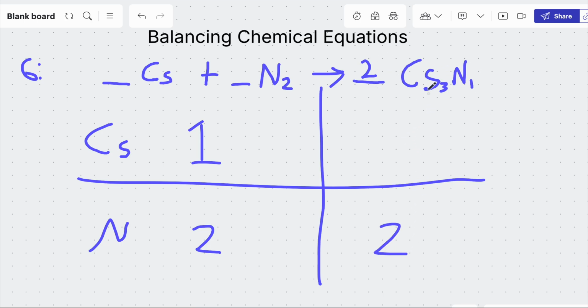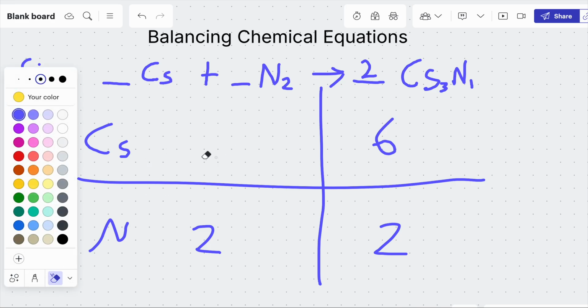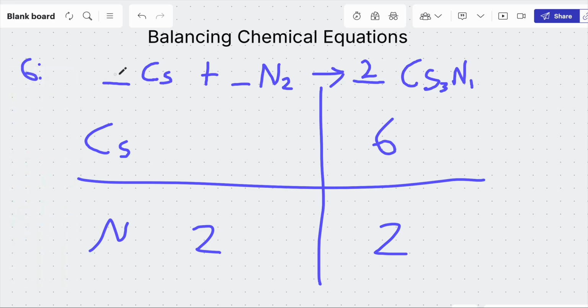Now for our Cs's, since we had more of all of that, we're bumping these up. So 2 times 3 gets us to 6. All right, now our N's are good, our Cs's are not. So we need to add more Cs's on this side. Luckily, we have it just by itself. Remember, that's Cs1.